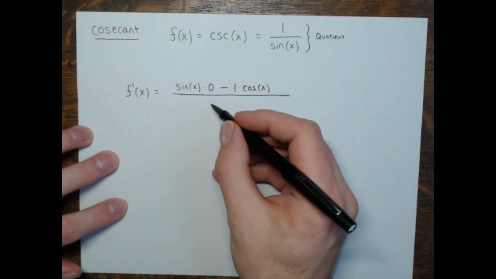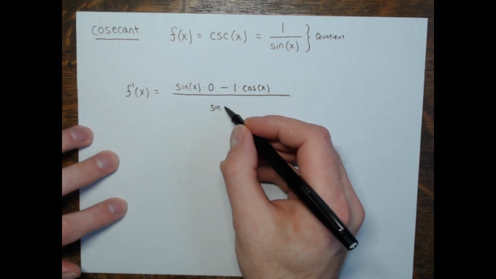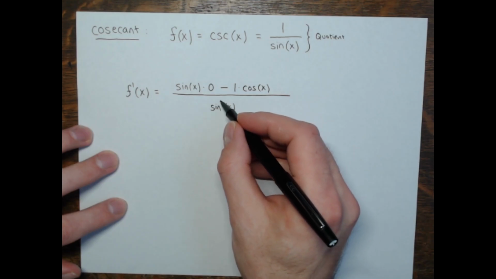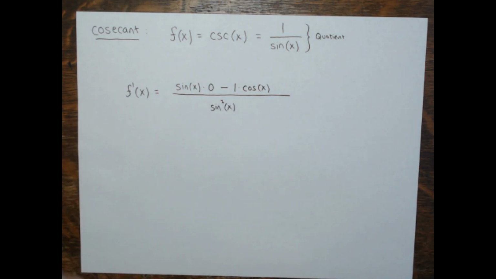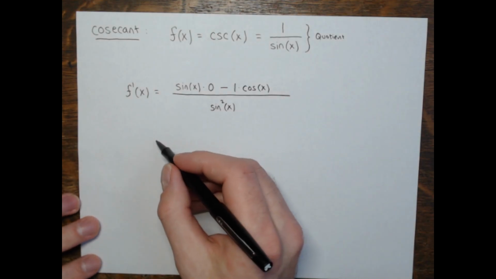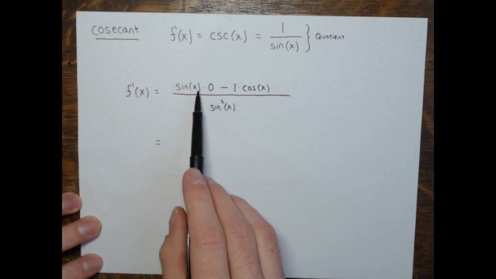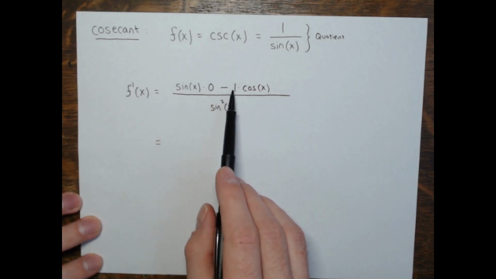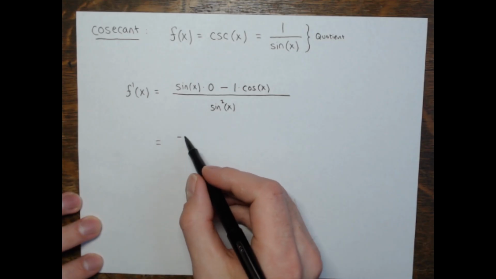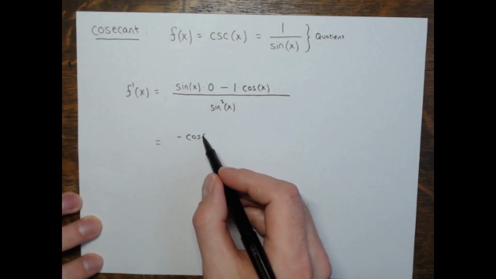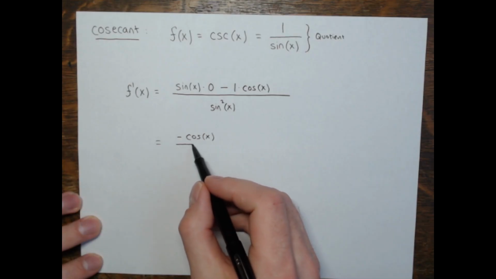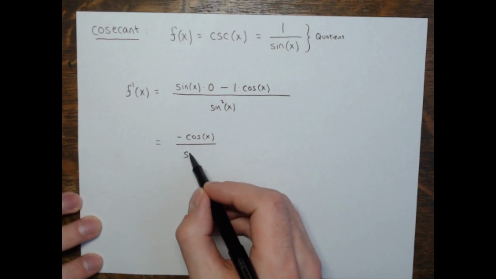And then all that divided by the denominator, which is sine squared, right? So let's put the square there, sine squared. So up top, first term is 0, and then you got minus cosine x, so negative cosine x, or the opposite of the cosine of x, divided by sine squared.